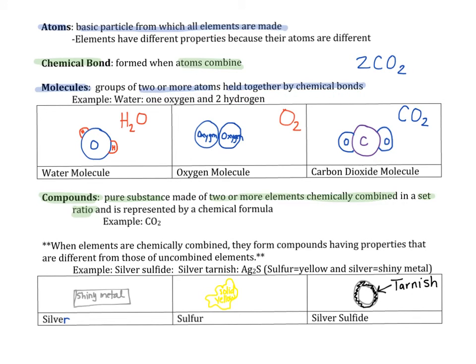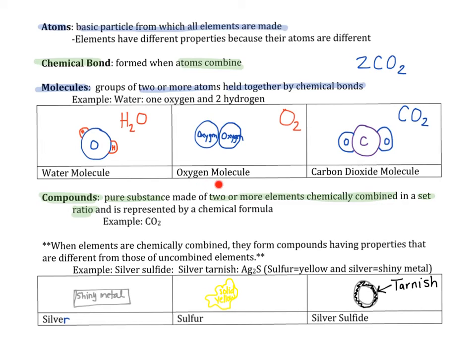So, I've drawn some examples. A water molecule has 3 atoms. It has 1 oxygen and 2 hydrogen. So it has a total of 3 atoms that are held together by chemical bonds.